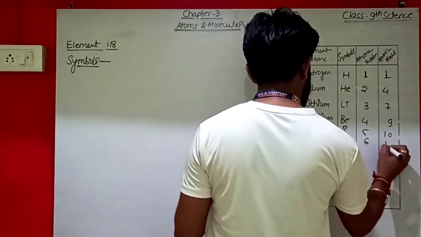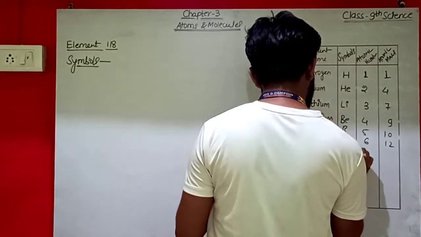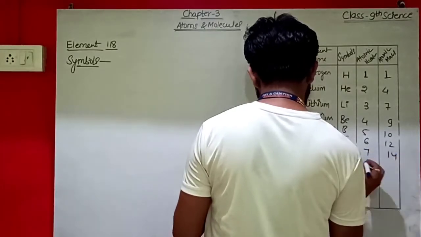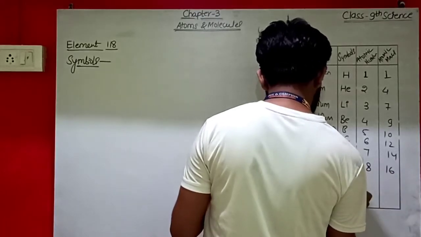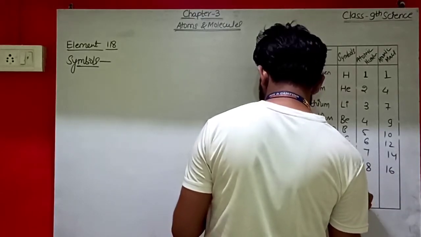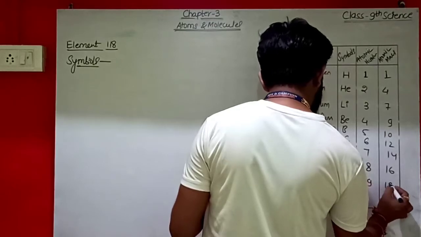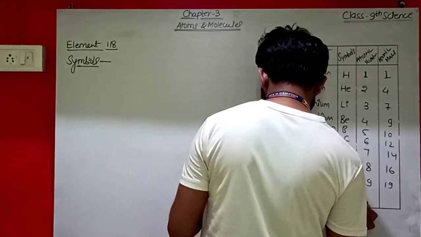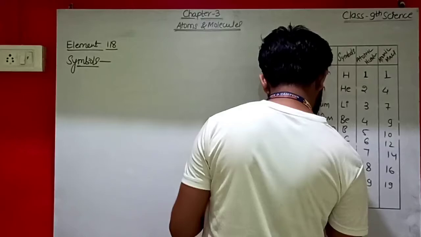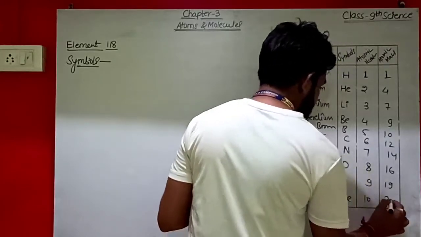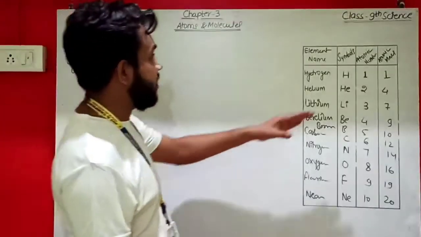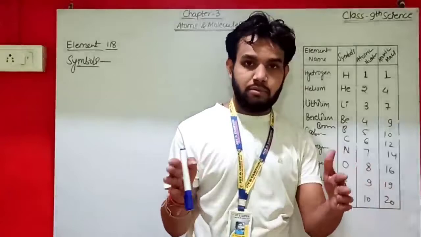Carbon C 6, 12. Nitrogen capital N 7, 14. Oxygen O 8, 16. Fluorine capital F 9, 19. Neon 10 and 20. So students, आपके लिए 1 से लेकर 30 तक के एटॉमिक नंबर्स का टेबल बनाना है.